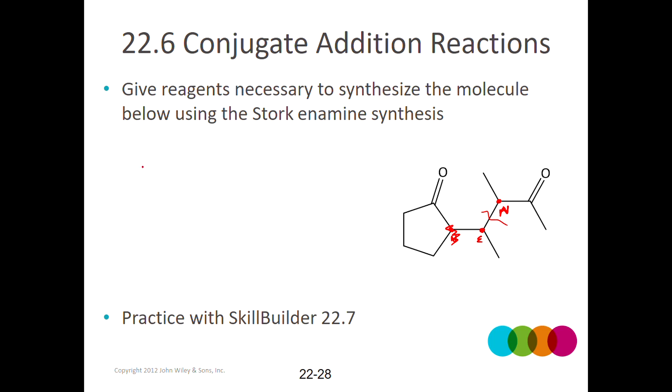And so we would start with this ketone. Let me renumber these. This time I'm going to number from this direction, just to help make more of a difference there. So now I've got carbon 2 there. And the first thing I would do is add some kind of secondary amine, like diethylamine, and a little acid catalyst.